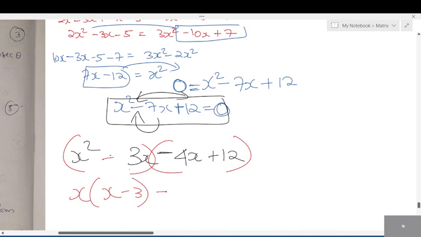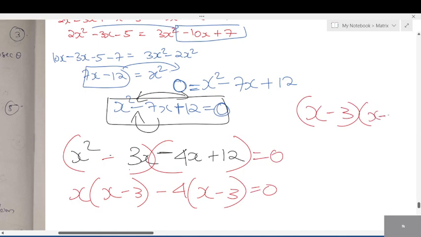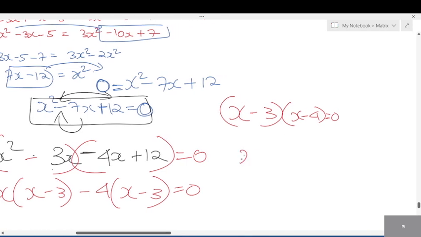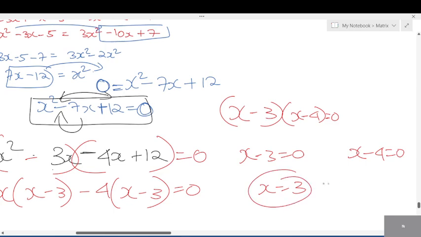First sign is minus. That's it. Then x minus 3 into x minus 4 is equal to 0. X minus 3 is equal to 0. Then take x minus 4 is equal to 0. That's it. 4 marks question.